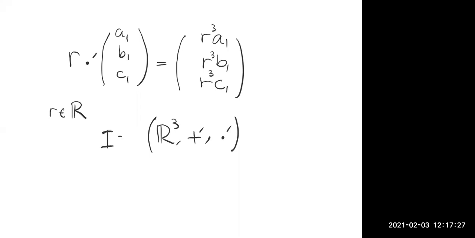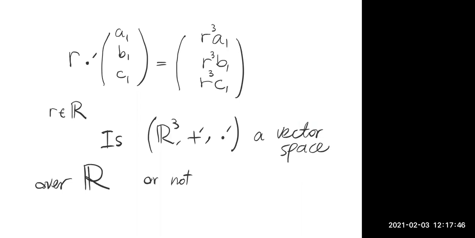Sorry, a vector space over a field or not? Is this a vector space over the field R or not? That's the question. Now, I want you to think about this for a few minutes.